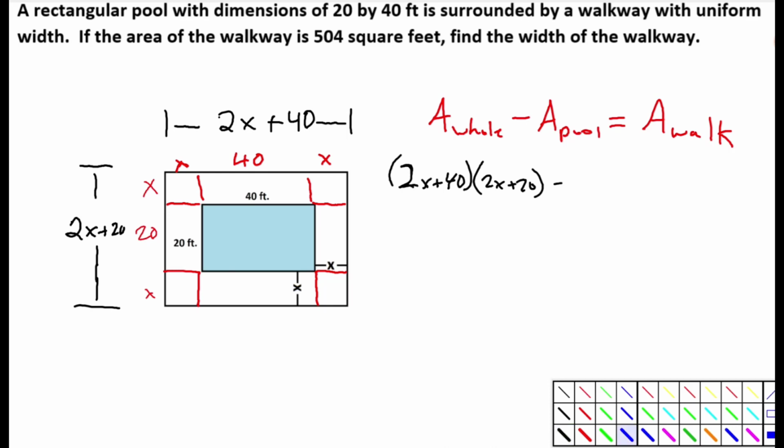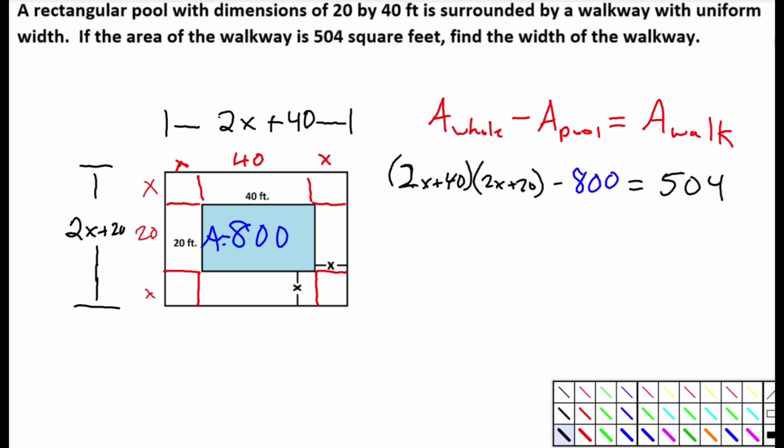Now, what's the area of the pool? Well, the pool is just a simple rectangle, 20 by 40. So the area of this pool would be, what is that, 800? Yeah, the area of this pool would be 800. So I'm going to subtract the 800. Okay? And I'm left with, and in the problem, they told us the area of the walkway. The area of the walkway was 504.